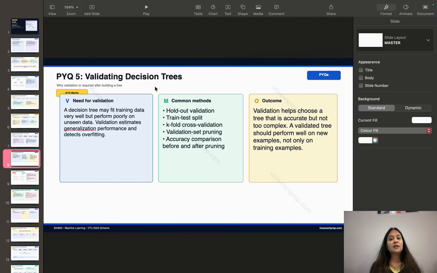Next is validating decision tree. So here you have to explain what is validating decision tree. A decision tree may fit training data very well, but perform poorly on unseen data. So validation estimates generalization performance and detects overfitting.